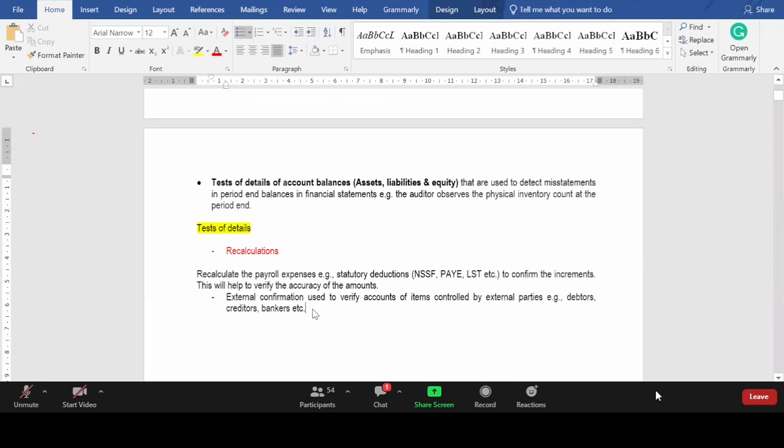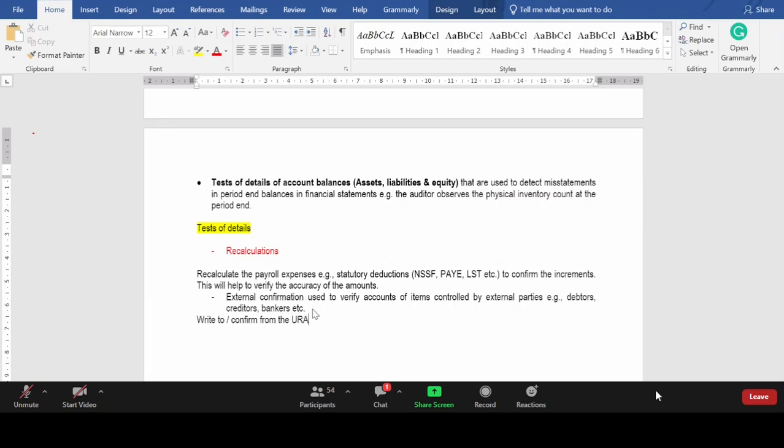So e.g. you can say, write to, or you can say confirm from, for example, the revenue authority.